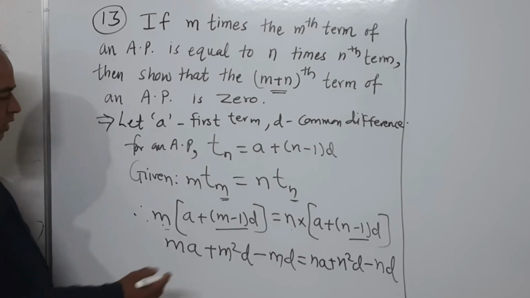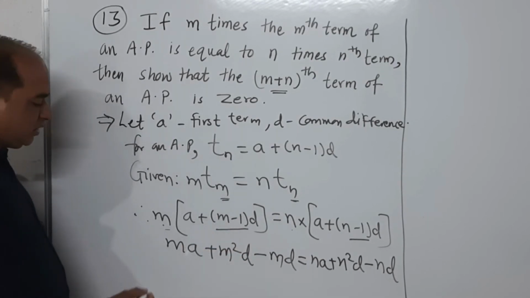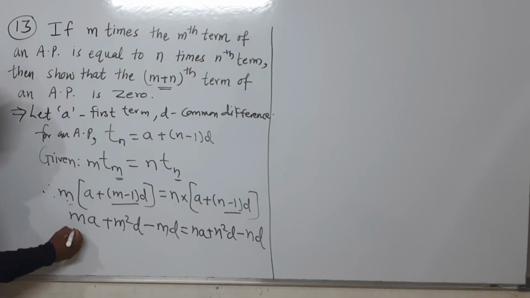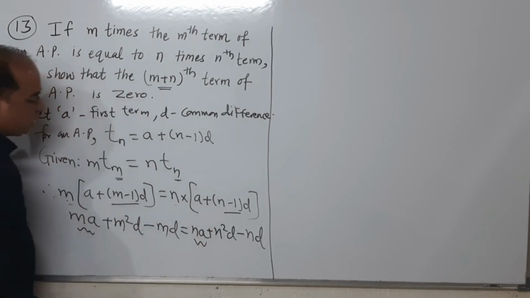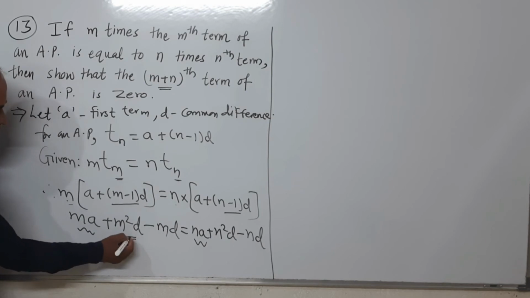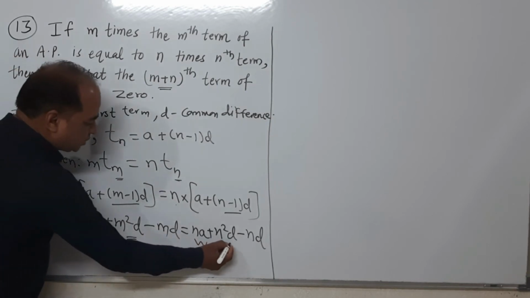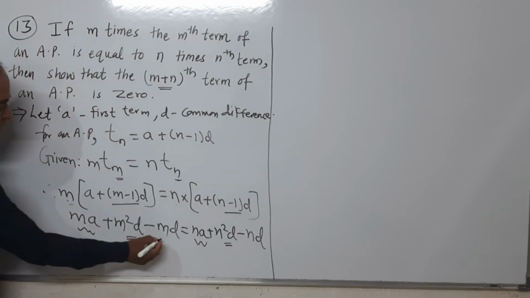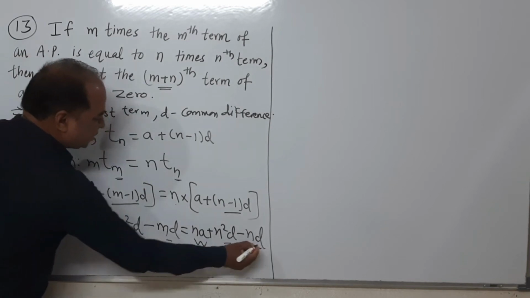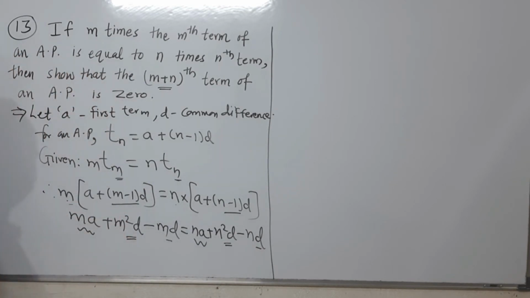Now taking all terms on the left hand side and taking the like terms together, here ma and na we will take together, then m square d and n square d we will take together, and minus md and minus nd we will take together on the left hand side.